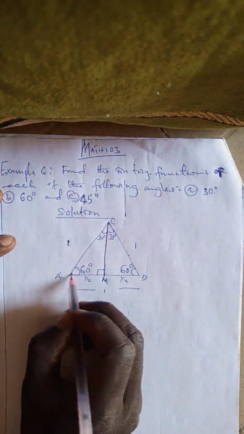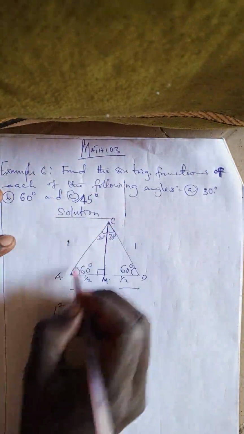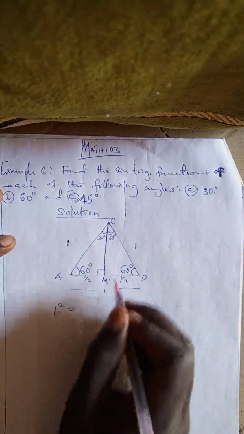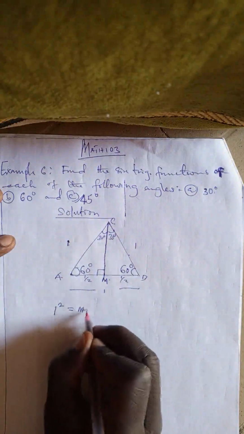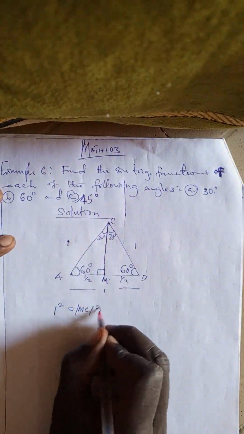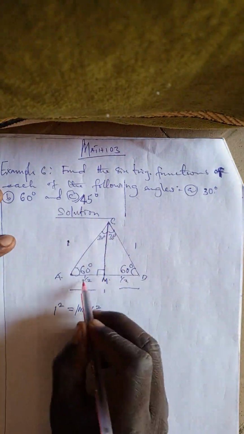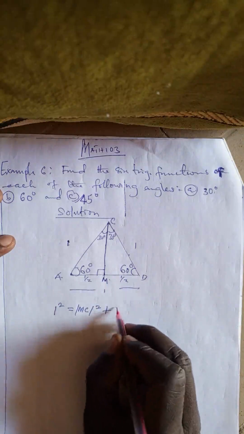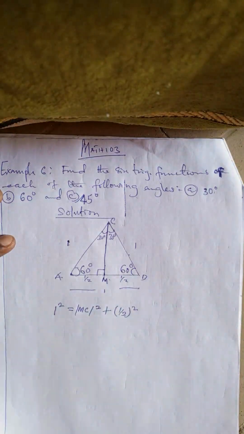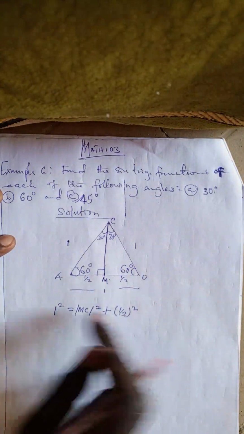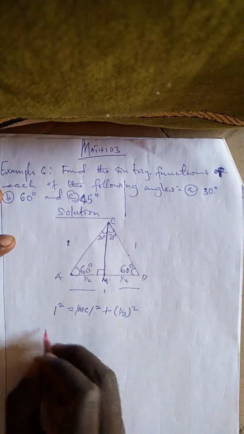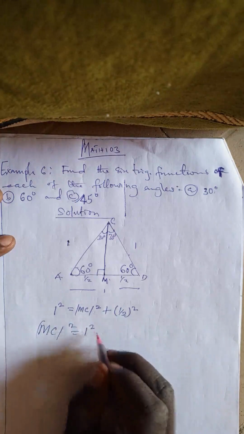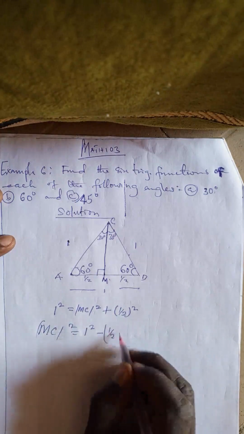So the hypotenuse 1 squared is equal to this side squared, let's call it MC, the line segment MC squared, plus this line squared, which is 1 over 2 squared. So when we bring 1 over 2 here, we have line MC squared is equal to 1 squared minus 1 over 2 squared.